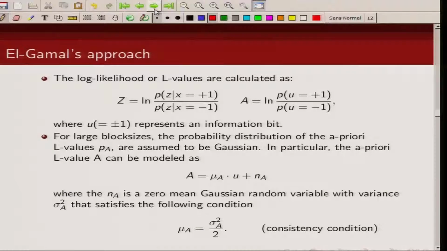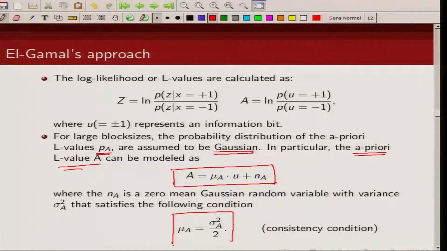Now, for large block sizes, this a priori distribution is assumed to be Gaussian. So, in the Al-Gamal approach, we model our a priori information as Gaussian and we generate it like this: A is mu A times input plus some Gaussian noise, and they have also observed what they call consistency conditions.